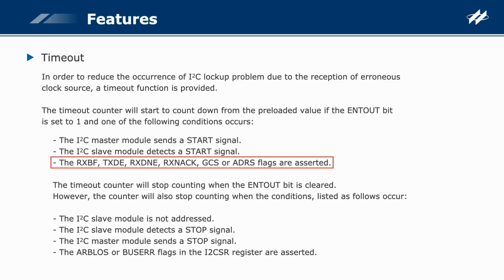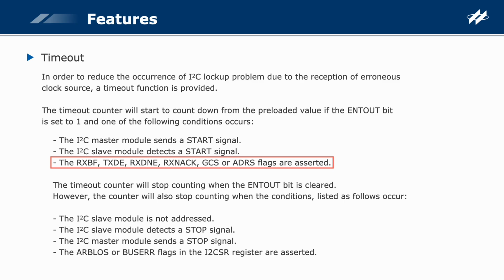The TXDE and RxDNE indicate that the TX buffer is empty, and the Rx buffer is not empty. The RxNACK indicates that the not acknowledged signal is received in the transmitter mode. The GCS indicates that a general call is received. The ADRS indicates that the address has been transmitted or matches.